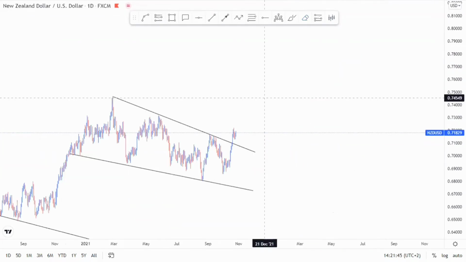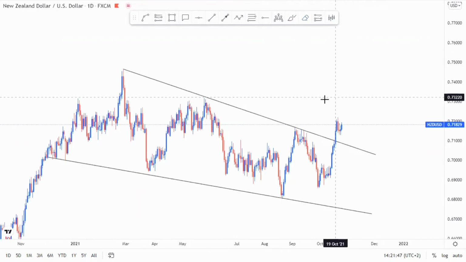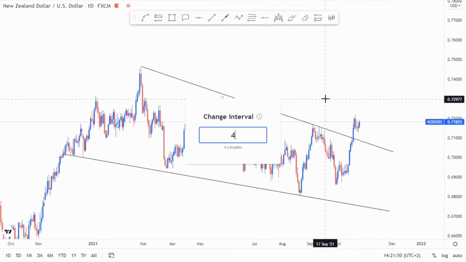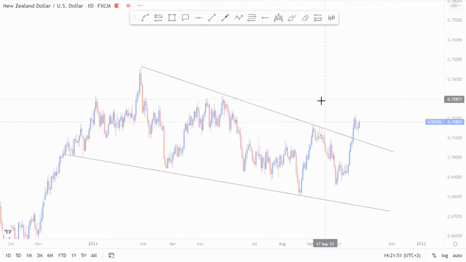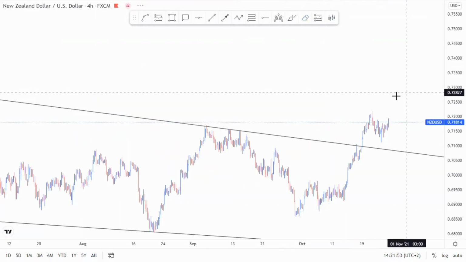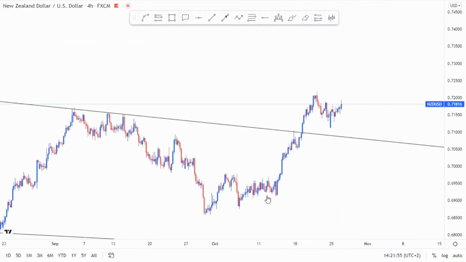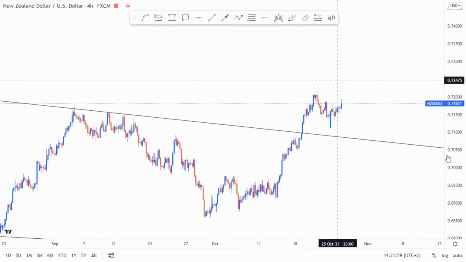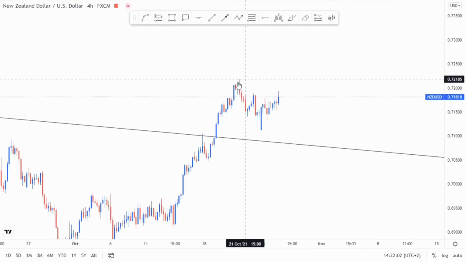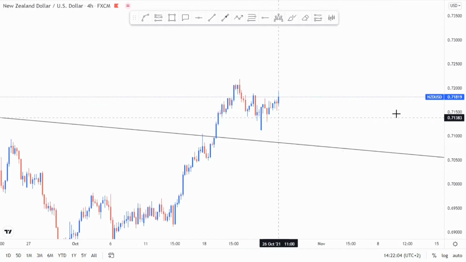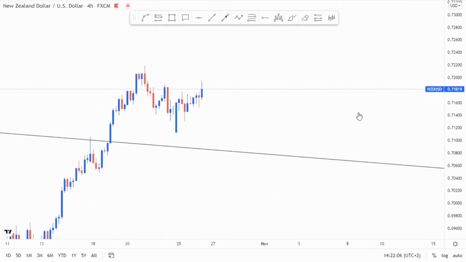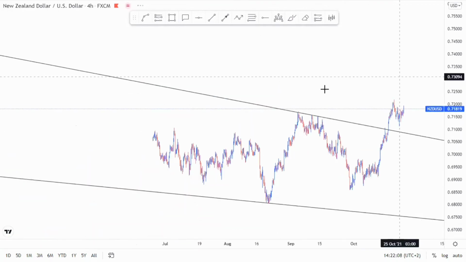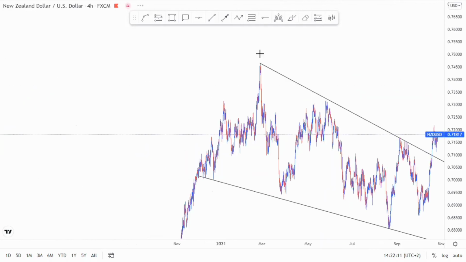Now let's go to the 4-hour time frame to see exactly what we see there. On the 4-hour time frame, I'll also be looking for continuation pattern. As you guys can see, this is the impulsive leg. This is a correction here. So we'll be looking for another impulse to the upside to complete a higher time frame pattern, and also to complete this 1-day time frame pattern.